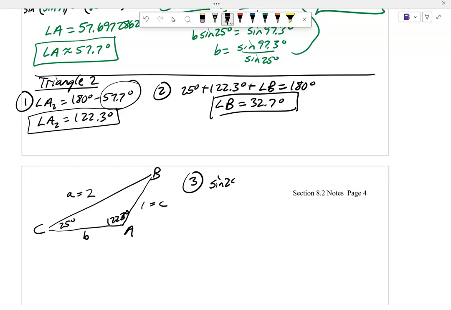And the last thing we've got to solve for is sine of 25 degrees over lowercase c equals sine of 32.7 degrees over lowercase b, cross multiply. Oops, my c here was 1, sorry about that.